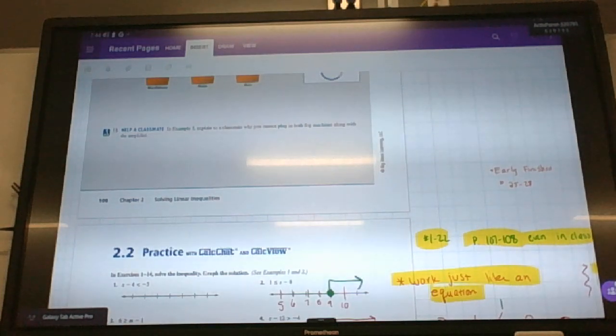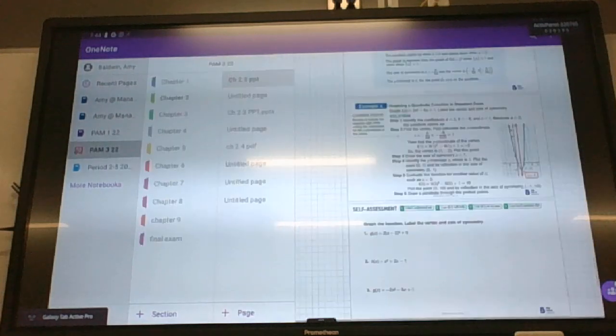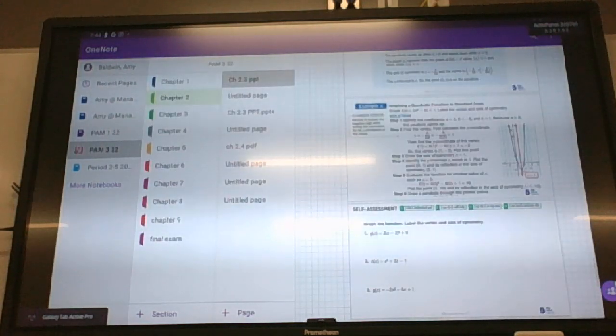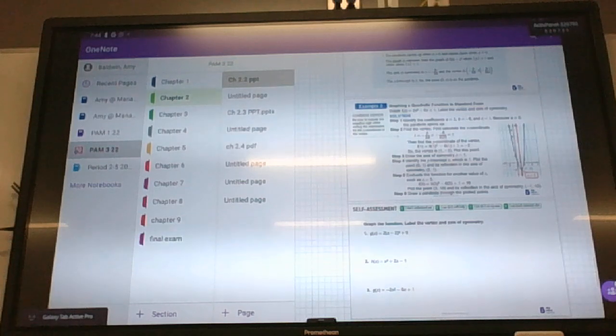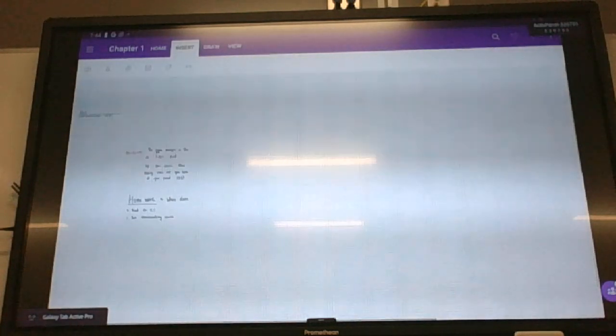I need to walk around and take a look and see how many of these graphs you got done in the last 2 days. So let's head to page 132. And on Monday, I assigned number 17 and 18.